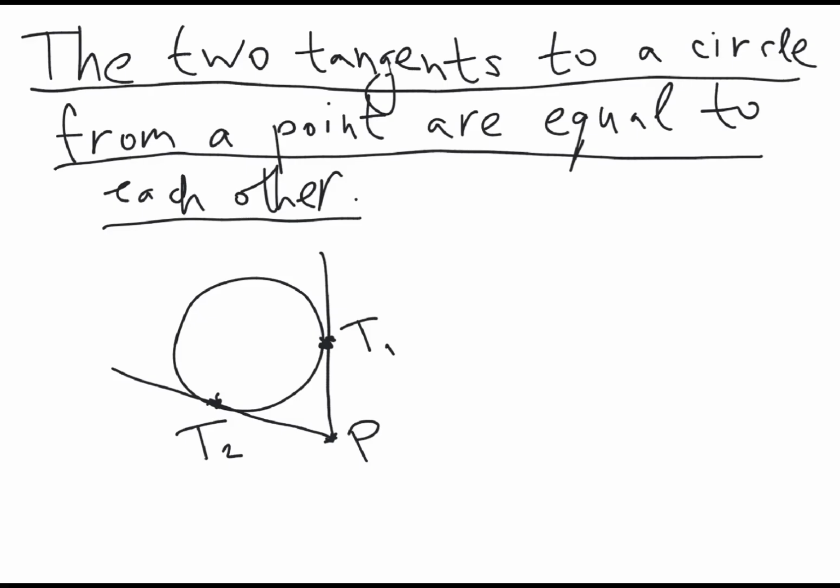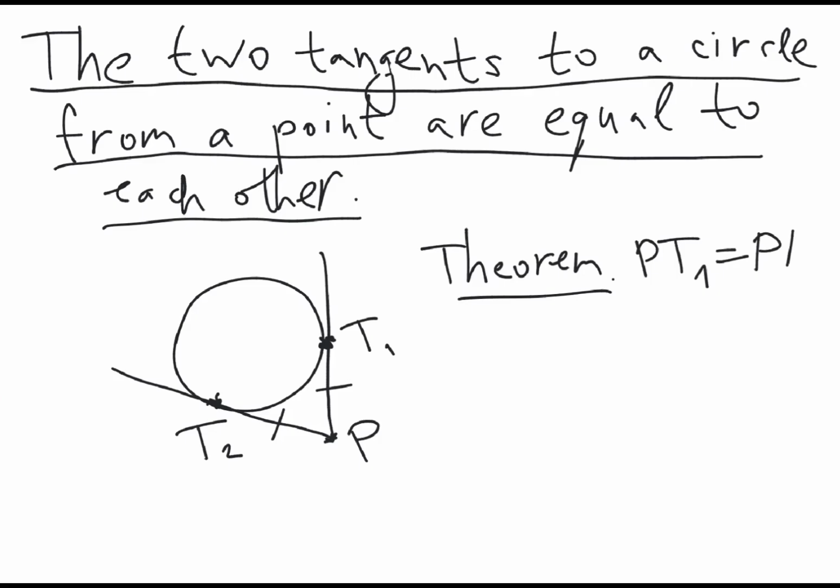Okay, and basically the theorem says that these two segments PT1 and PT2 are equal to each other. So PT1 is equal to PT2.